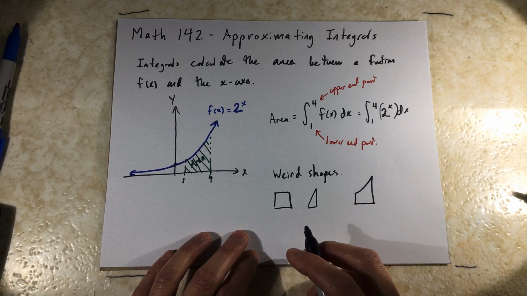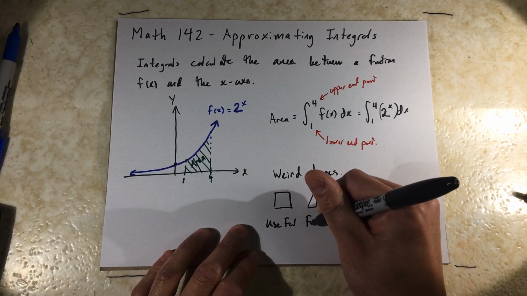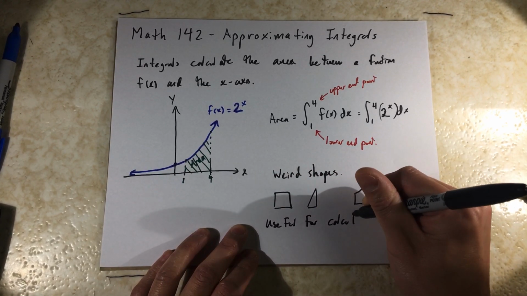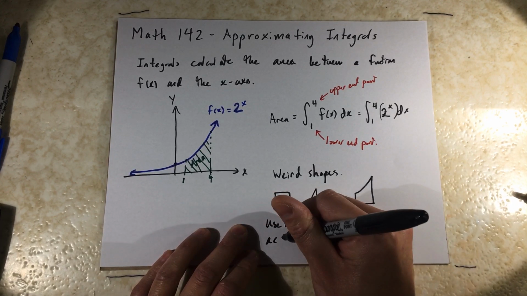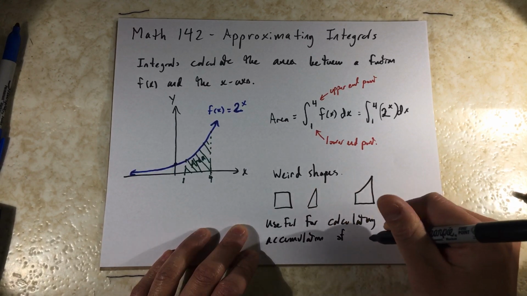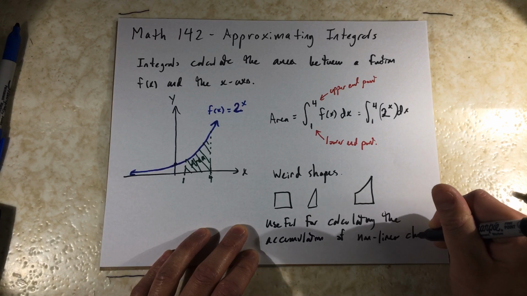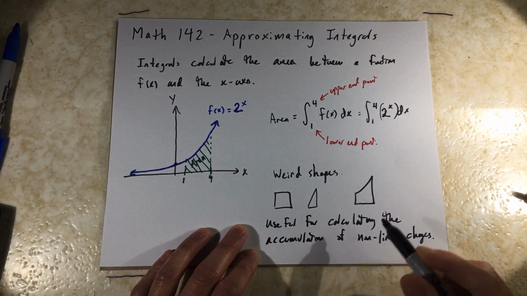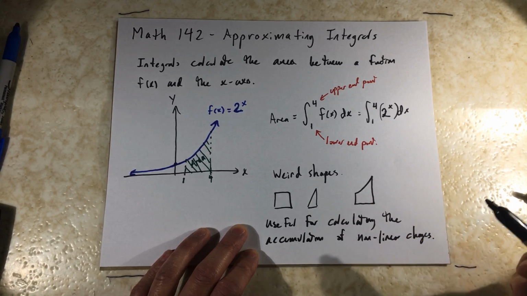And in addition, in terms of applications, engineering and physics are the things I'm most familiar with. They're useful for calculating the accumulation of changes, especially nonlinear changes. And nonlinear just means that you have these kind of curved portions of the shape.